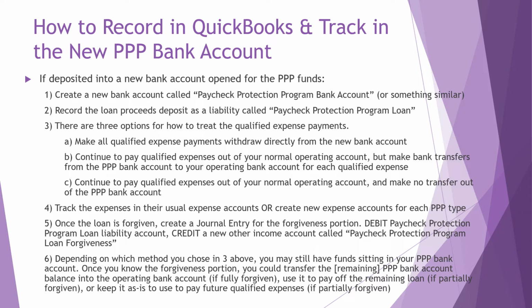If you want to use it to pay off the remaining loan, if it was only partially forgiven, you could just leave it sitting in the PPP bank account until you decide to pay off the loan. Or you could just keep it in the PPP bank account and continue to use it to pay future qualified expenses if it's been partially forgiven. And then you would just know that down the line, whether you do it in a few months or after the 2-year period, you would still have to pay out the loan. You would probably just have to, at that point, pay it out of your normal operating bank account.